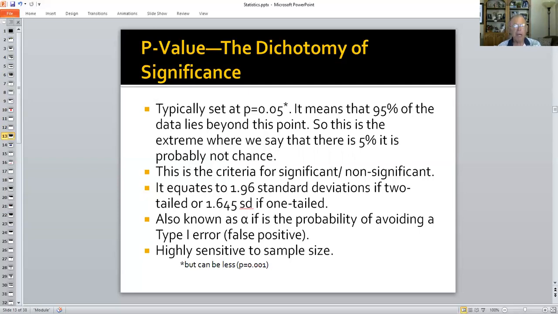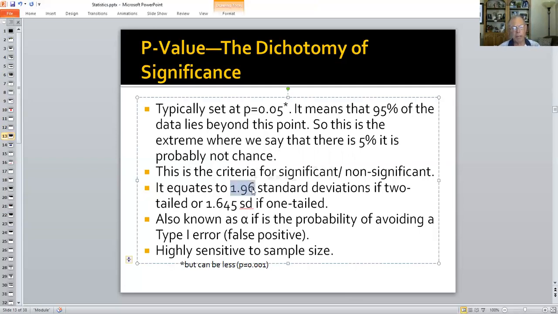So this p-value is the criterion: significant, non-significant. And again, we need to remember, back several slides ago, it equates to 1.96 or 1.645. And again, we have to avoid the type 1 error, okay? Have to avoid that type 1 error.